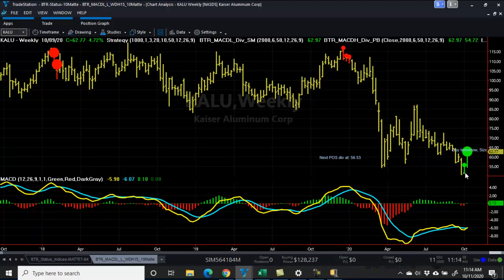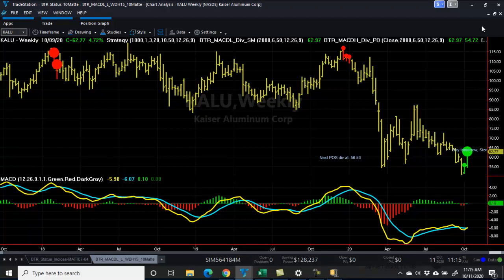Well, we can see from the MACD that there was a lot less downward momentum in this down movement than in the original one. So this is a good prospect for potentially a positive divergence buy signal.